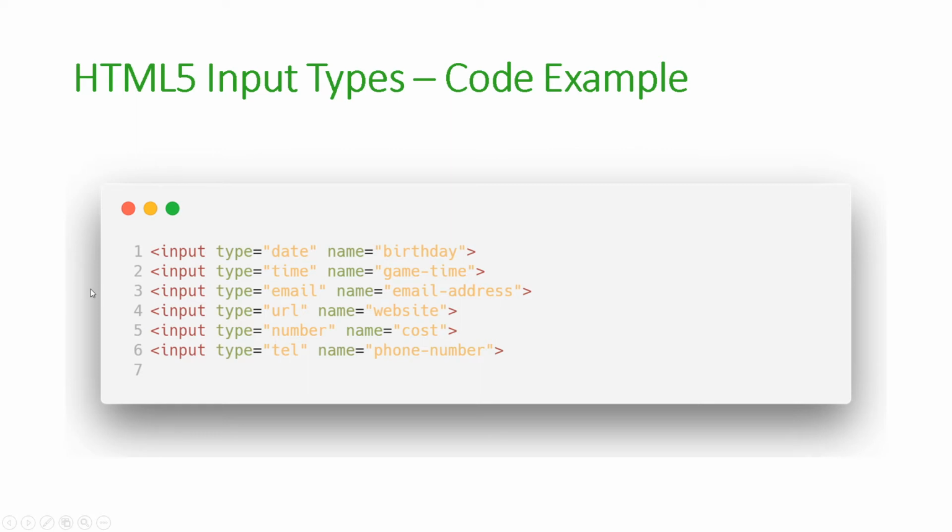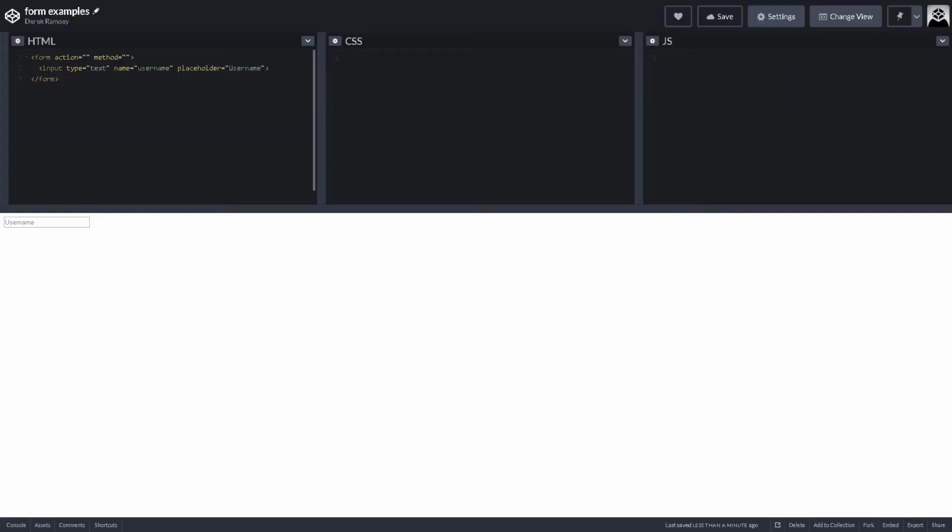So let's head over to our CodePen. Let's have a look at some of these. We'll play with a few of them, and then we'll talk a little bit more about some of our things having to do with type attributes, with these special types.